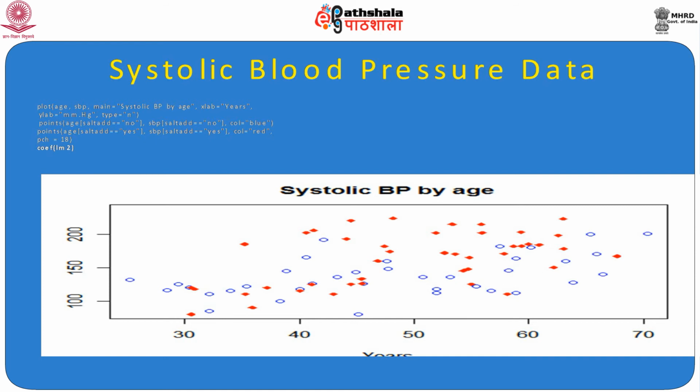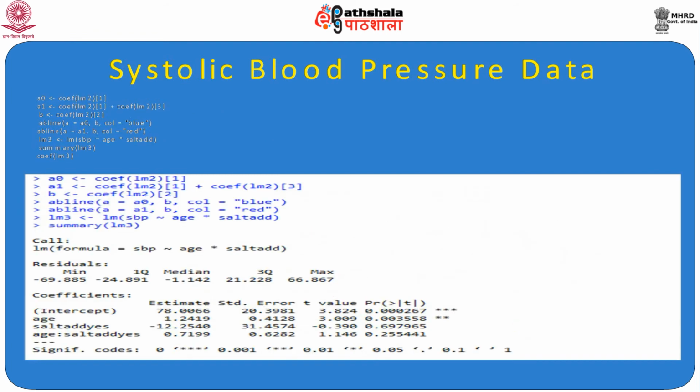The red color points, the red diamonds, show those who are taking salt, and blue shows those who are not taking salt. So it can be visually confirmed that those who have salt intake have higher systolic blood pressures in comparison to those who are not taking salt.